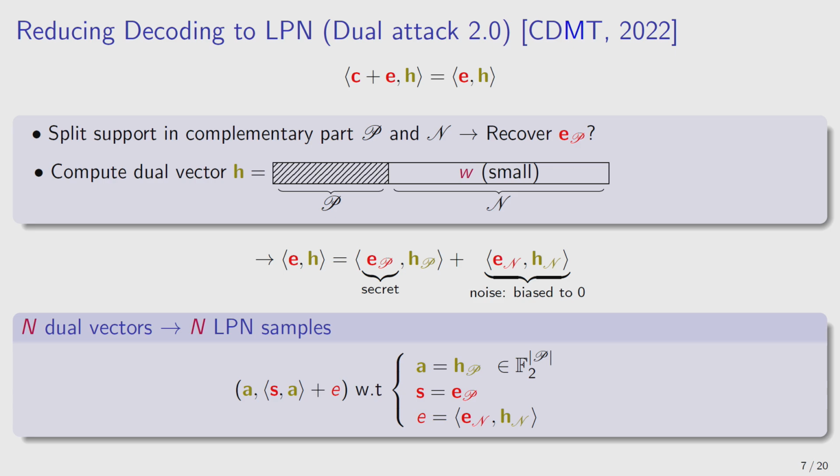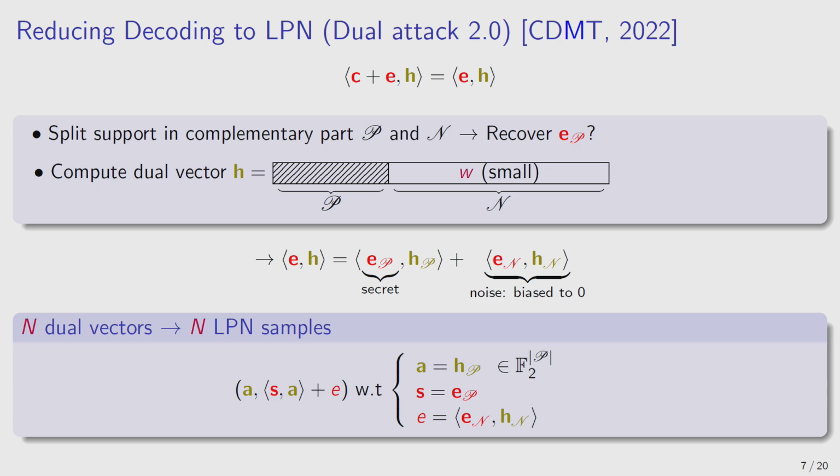What we do is split the support into two complementary parts, P and N, and we are going to try to recover the error on the part P. If we compute a dual vector that is now of small Hamming weight W on the part N, and we split the previous dot product E dot product H into the part on P and the part on N, you can see that you now have in fact an LPN sample, where the secret is given by E on the part P, and the noise term is given by E on the part N dot product H on the part N.